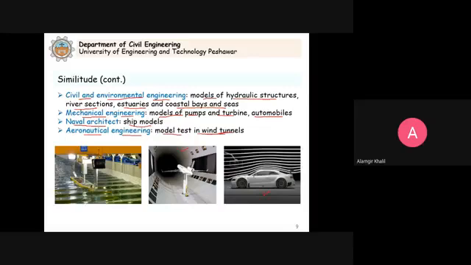The idea is that the streamlines follow the body as closely as possible. Because if there is separation, the drag forces will increase, and when the drag forces increase in magnitude, more resistance will be offered to the motion. So you can see here that these model tests can help us to improve our designs, and we can predict the performance of the prototypes.